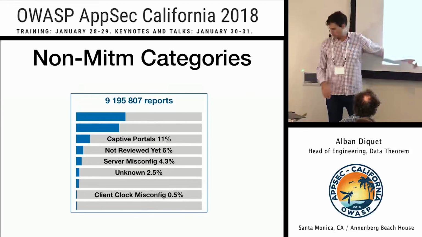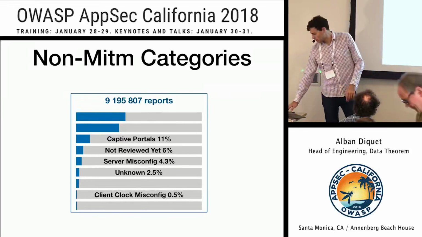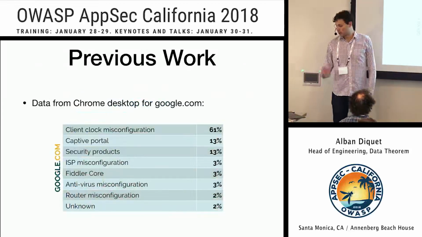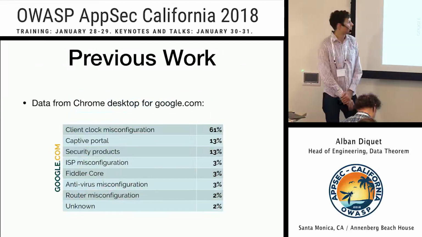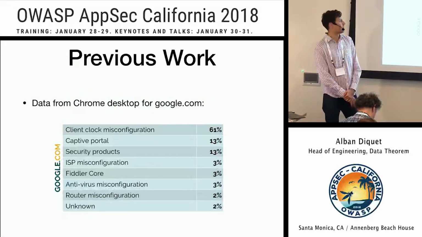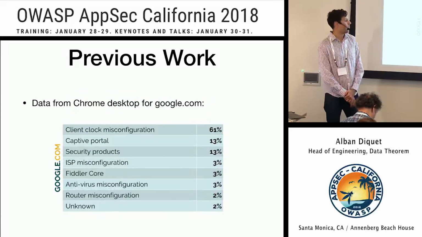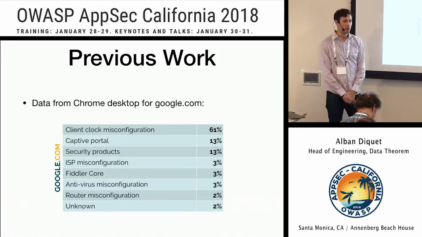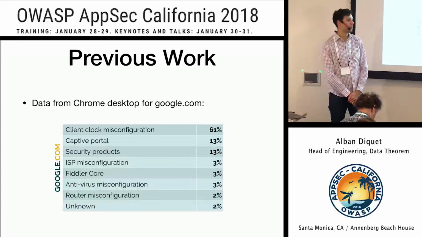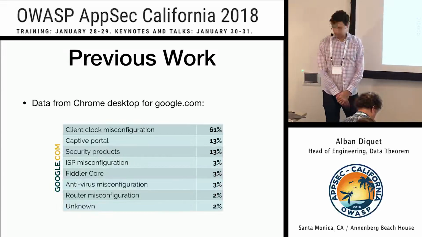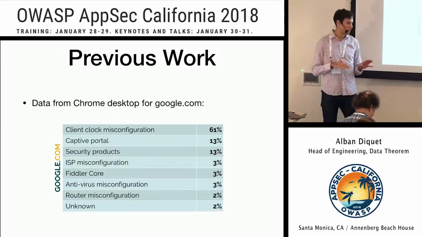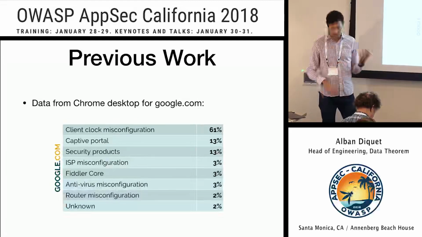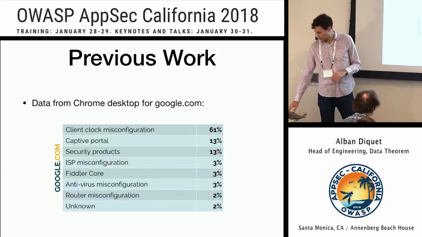It's a very small number, as you can see, which is interesting because a few years ago, Google released some similar stats for Chrome desktop and Google.com. And the client clock misconfiguration was the number one reason why Chrome wasn't able to connect to Google.com. Not too surprising, of course. I think phones are much better at figuring out what time it is than desktops, but still an interesting difference.